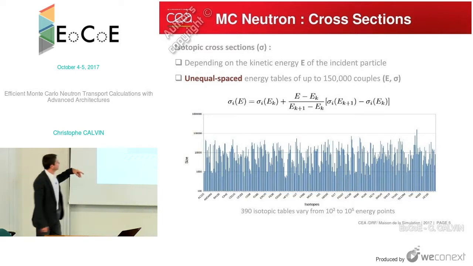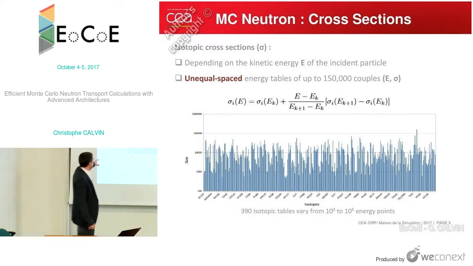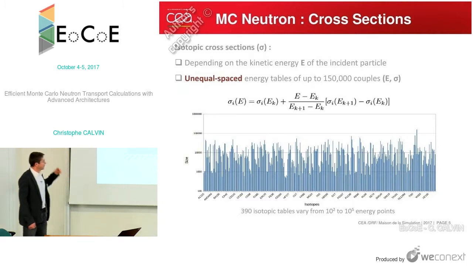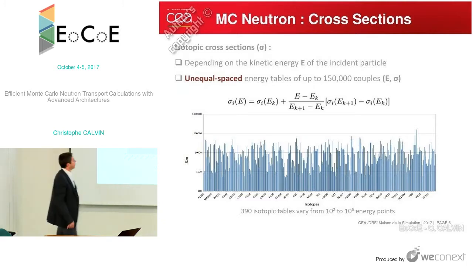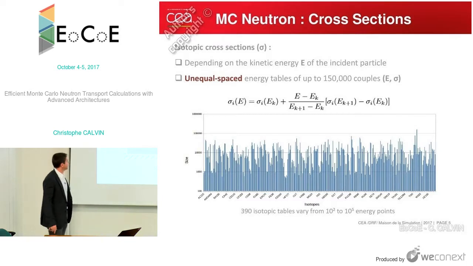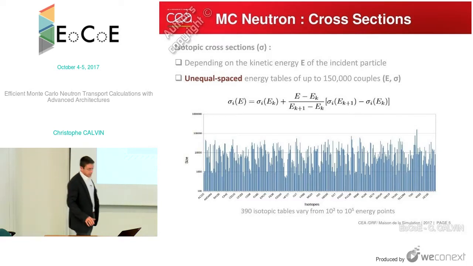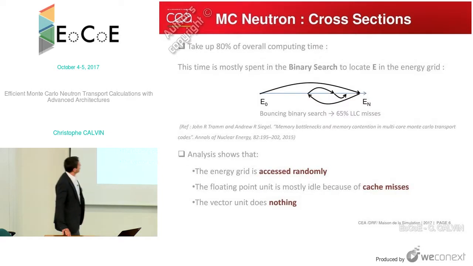Just to show you, for just some isotopes, the number of data we have to store inside the memory in order to have all the information necessary to compute all the different interactions depending on the energy. So many different data to store and to manage.